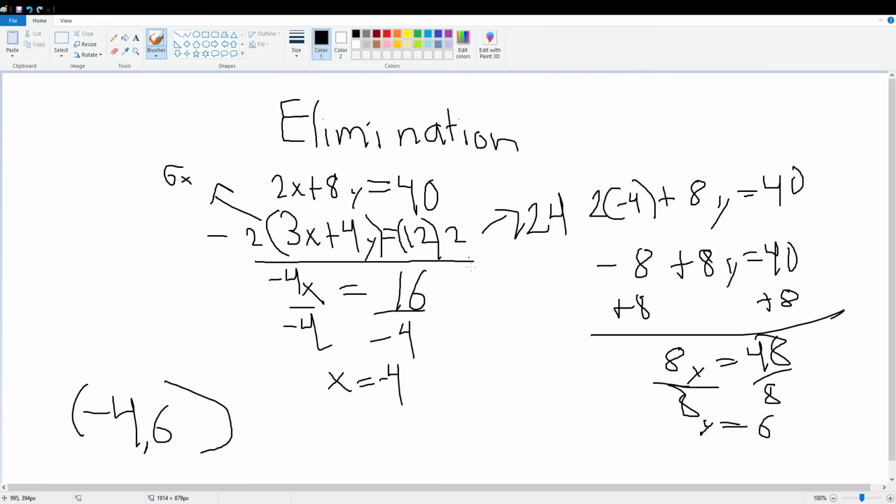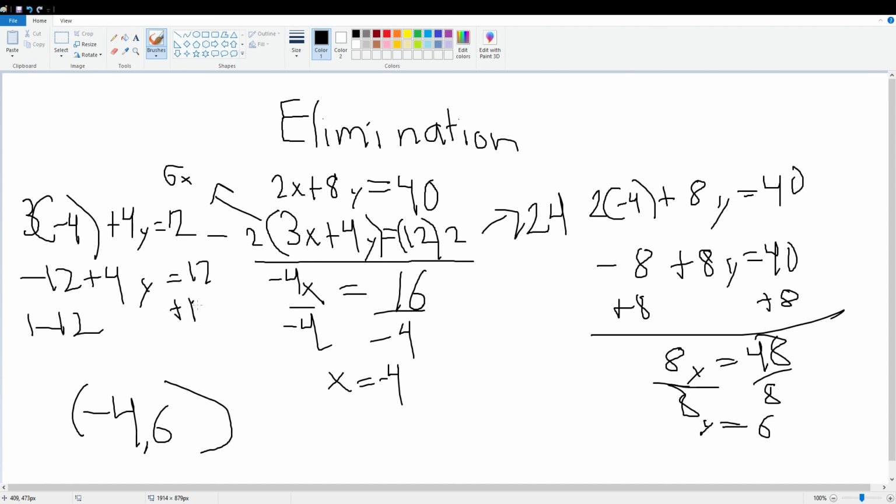And then we solve for x, and then we input x into one of these equations. I could have used 3x plus 4y. Actually, we could do that here. 3 times negative 4 plus 4y is equal to 12. Negative 12 plus 4y. 4y equals 12 plus 12.